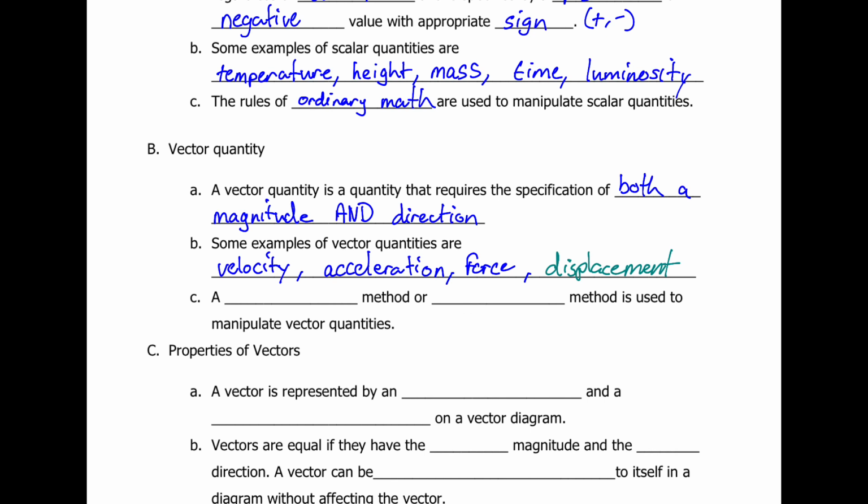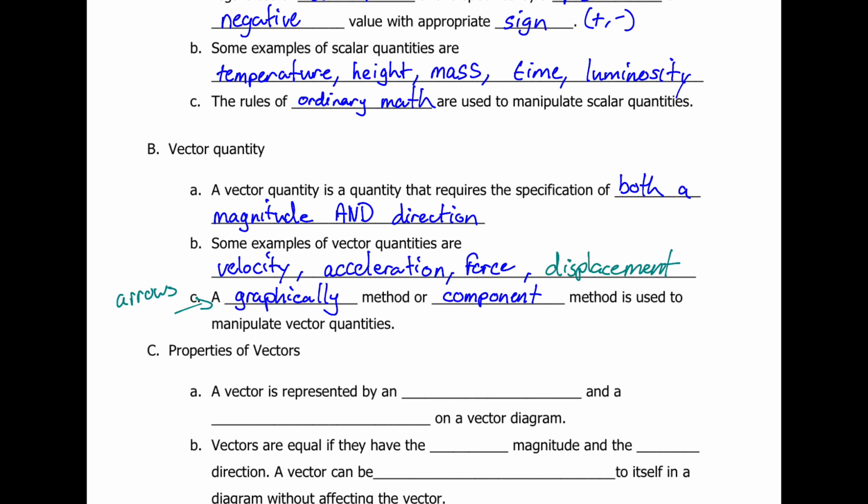There are two main ways to do the math on this. There is graphically, which sounds hard, but it's not actually. Graphically, spelling it right. And component. Graphically sounds really fun, but it's basically just arrows. So we draw arrows to show where things went.